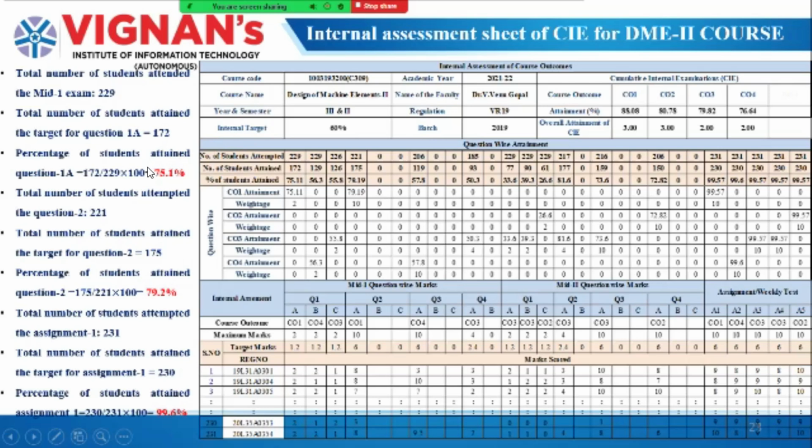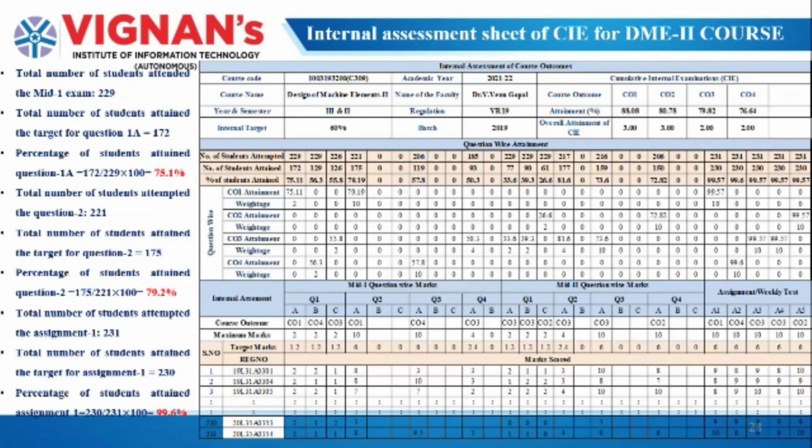But here we observe the COs are not uniform, because CO1 covers unit 1, CO4 covers unit 2, and CO3 covers the first portion of unit 3. That is the important point. So you have to check which CO covers which unit.